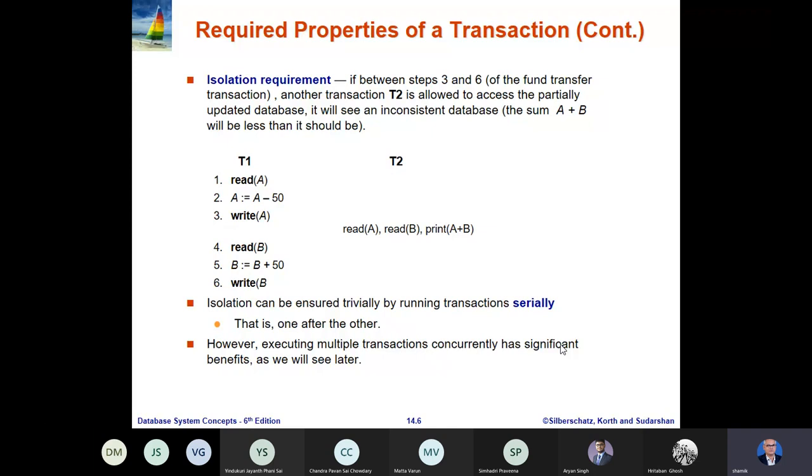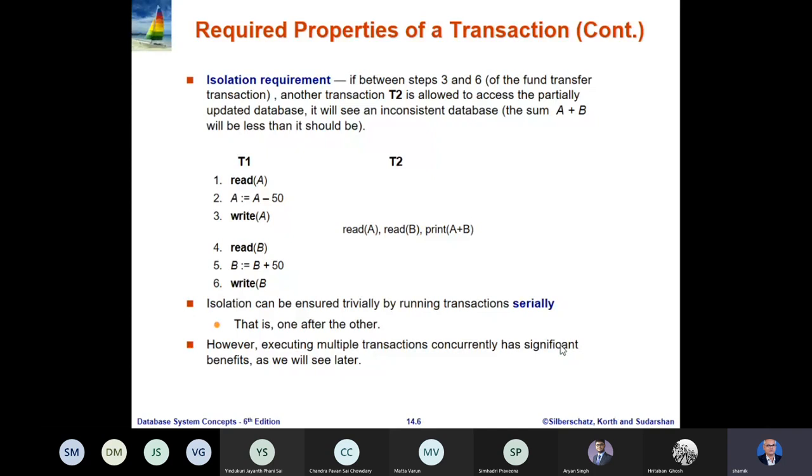But that makes no sense, because we know that concurrent support for program execution is indeed important for various reasons, like the average waiting time and all those things. We study those concepts in operating systems. So what we will look at, though in this chapter we'll also talk about it, is what types of intermingling of instructions of various transactions are allowed.